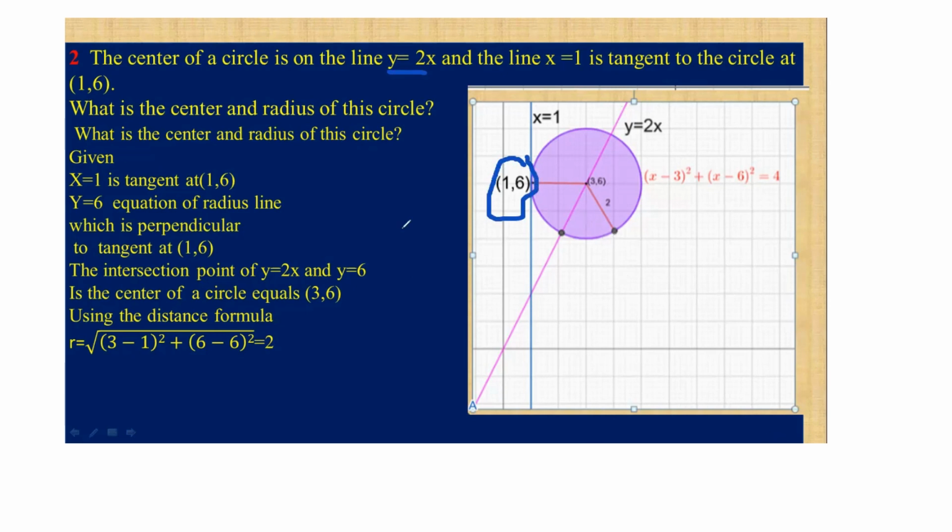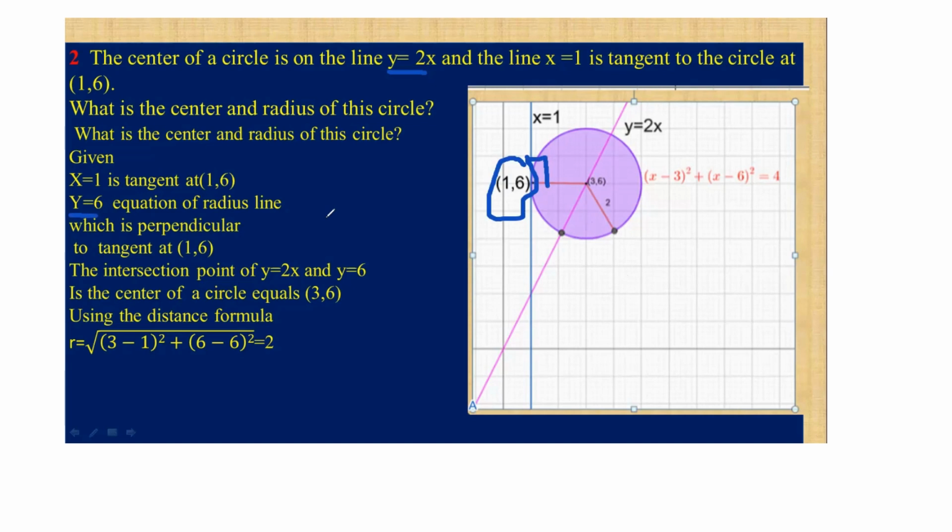Here the tangent line x equals 1 is perpendicular to the radius line, so the equation of the radius line is y equals 6, because the tangent line and the radius line are perpendicular to each other.